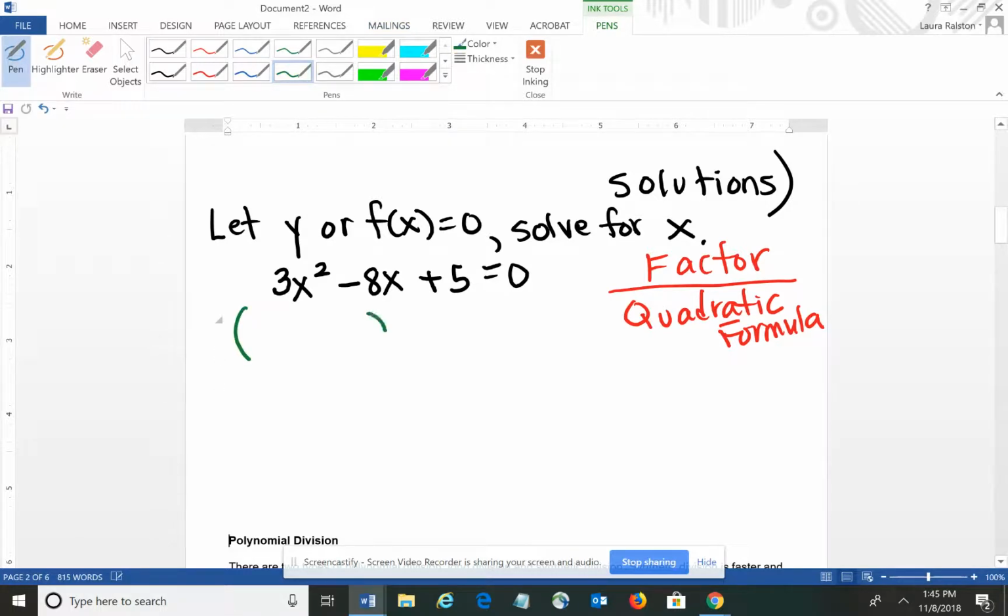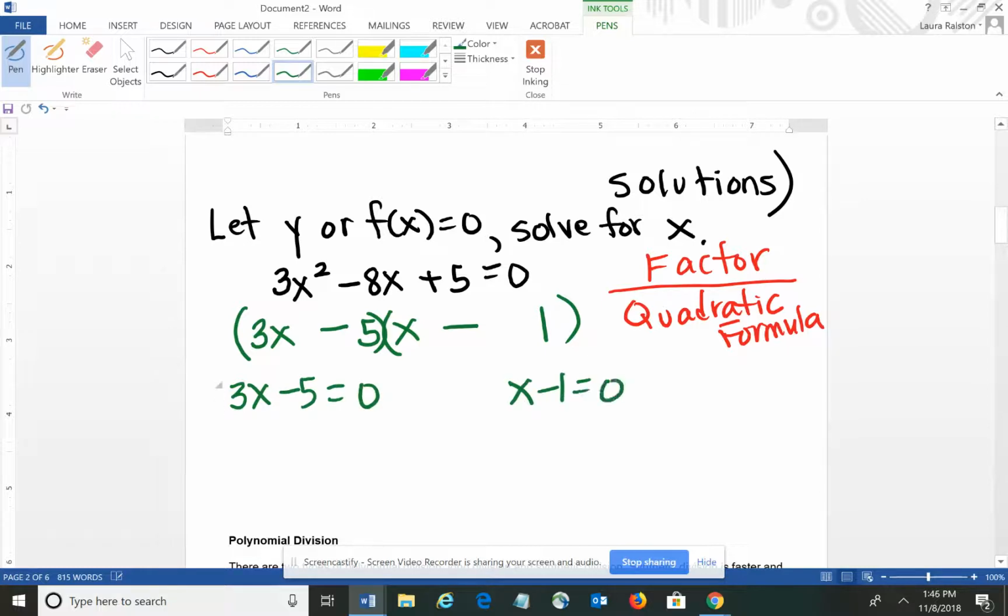We would have 3x times x, we would have 1 and 5, and that would really be 3 plus 5, and those both will add to 8. So we have 3x minus 5 equals 0, or x minus 1 equals 0. And I want to solve each of those respectively for x.